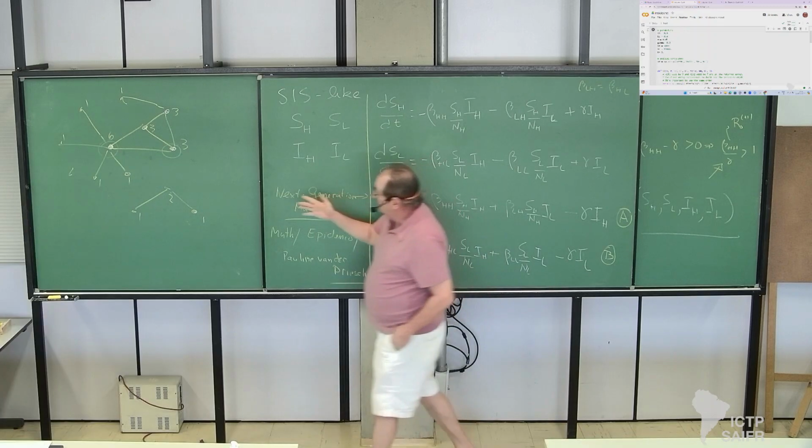What we are saying here is that when I say that beta high is larger than beta LL and beta low high, it takes into account that this network displays a property which is called assortativity.